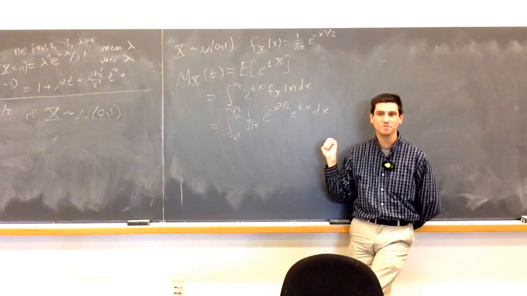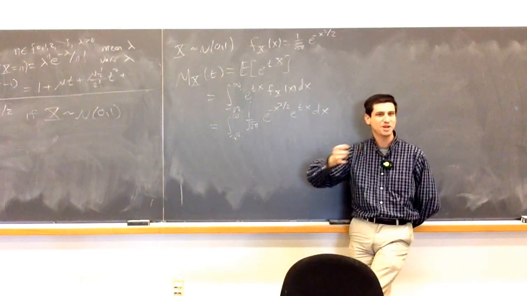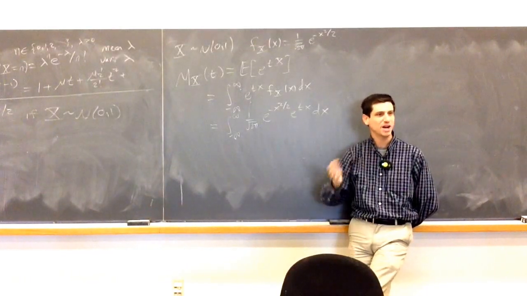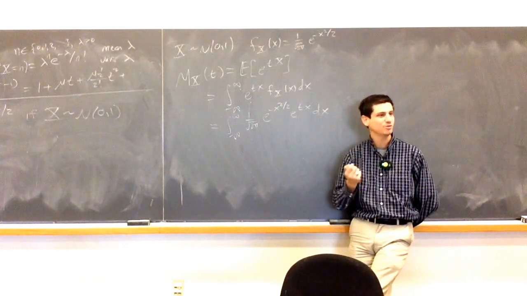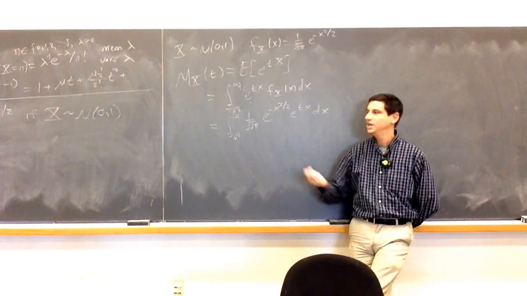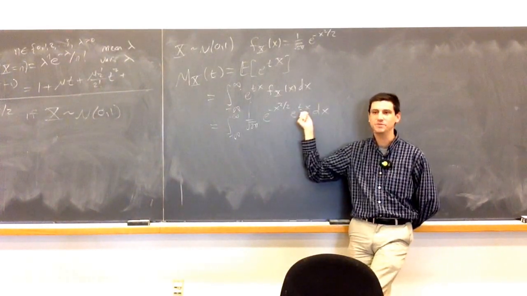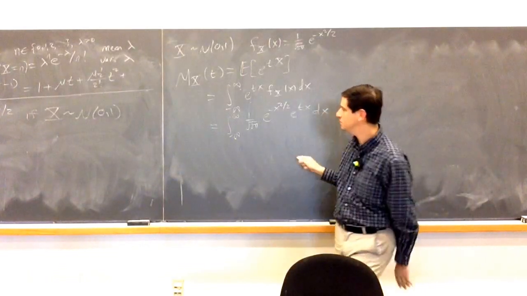Yeah, complete the square. Somewhere between 7th grade plus or minus 2 grades, depending on how you were learning math, you saw the quadratic formula. And one of the big ideas in proving the quadratic formula was this idea of completing the square. It's one of the most powerful techniques we have in mathematics. It's going to allow us to do a really good change of variable. So we want to complete the square here.